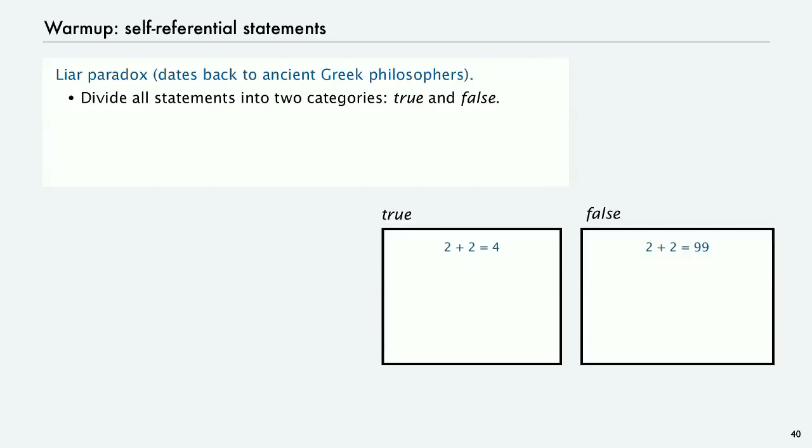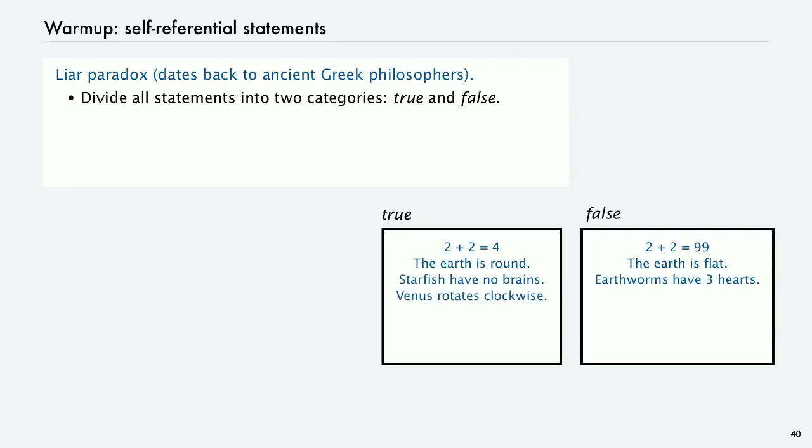So 2 plus 2 equals 4, we agree is true. 2 plus 2 equals 99, we agree is false. Earth is round, Earth is flat, and so forth. Earthworms, I guess, have more hearts than 3, so that one's false. And Saturn rotates counterclockwise, and so forth. All statements want to be divided into two categories, true and false.